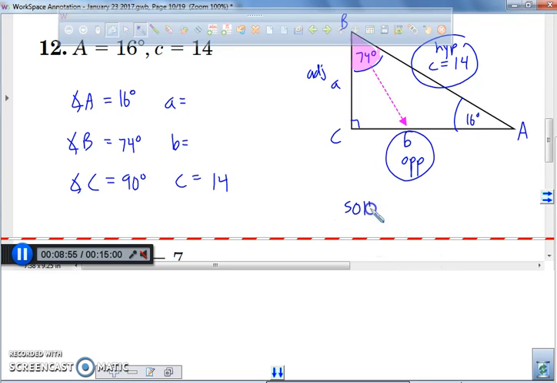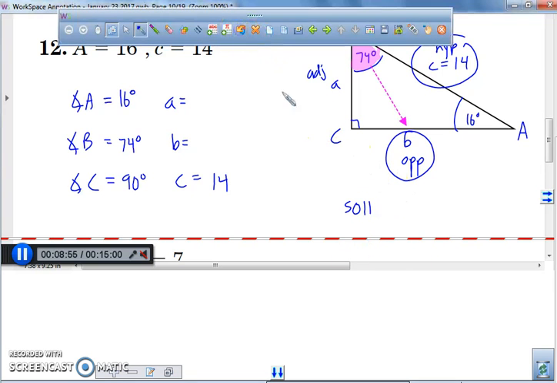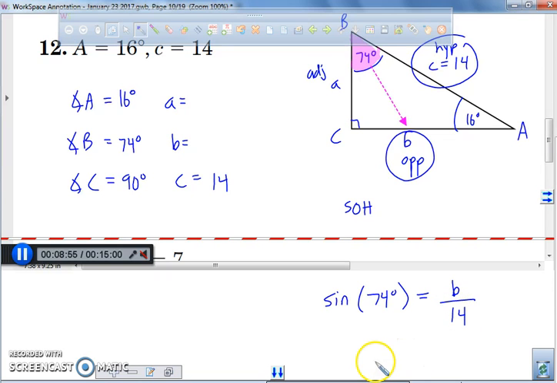Sine. Yes, sine is opposite and hypotenuse. Okay? So, here we go. Sine is the opposite over the hypotenuse. So the sine of 74 degrees equals my opposite side over my hypotenuse.